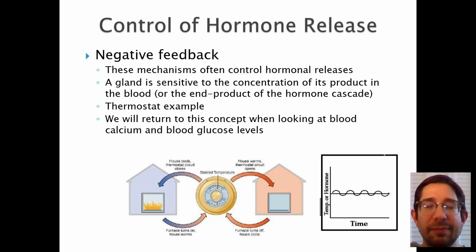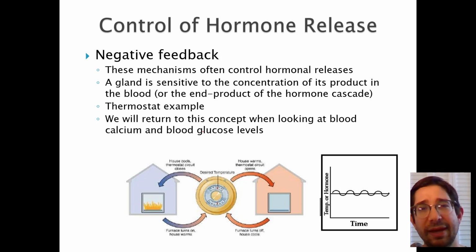Our last concept here before we move into actually looking at the endocrine glands and the specific hormones they make is to remember that hormone release uses this negative feedback mechanism. I have a video about this that I posted earlier of me standing in front of a thermostat talking through this.